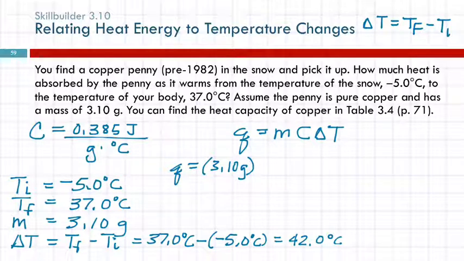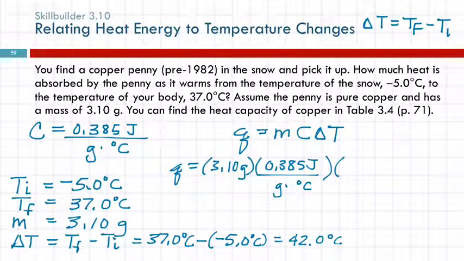Write the stinking units in your problem. Just do it. 3.10 grams. And then C, 0.385 joules over grams degrees Celsius. And delta T, 42.0 degrees Celsius.